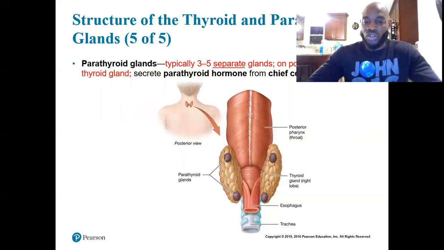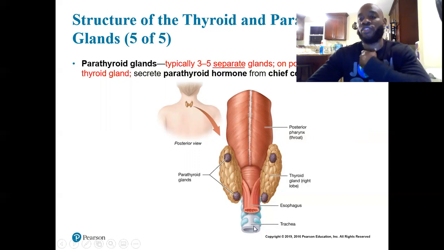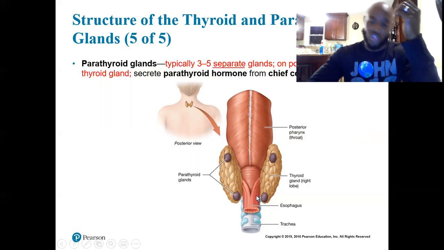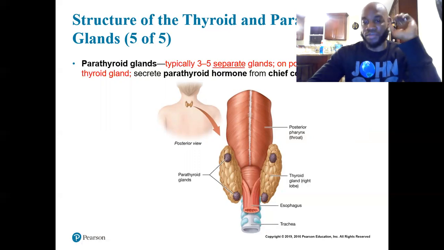Notice here the trachea and the esophagus. The esophagus sits right behind the trachea. The trachea is where your airflow is. The esophagus is where your liquid and solid food flows down. The esophagus leads to the stomach, the trachea leads to your lungs.